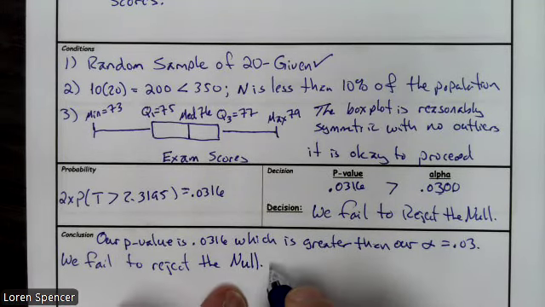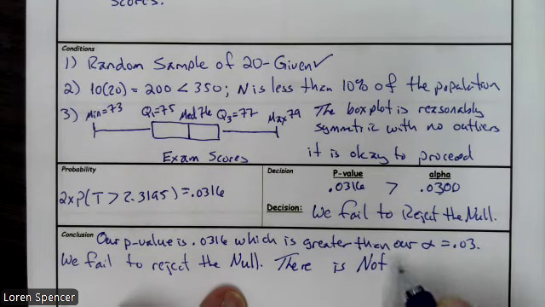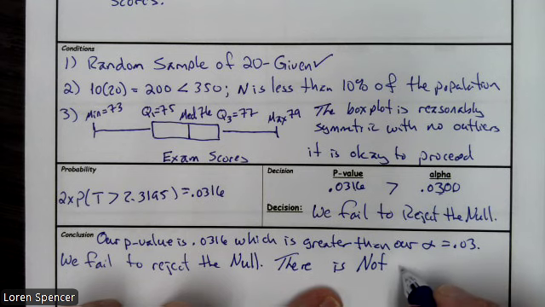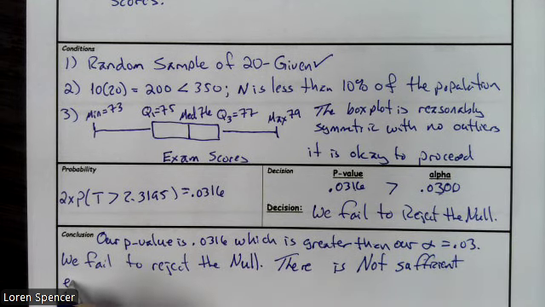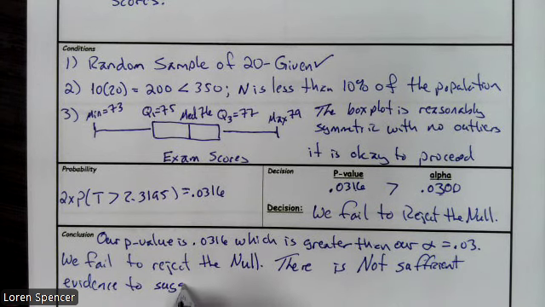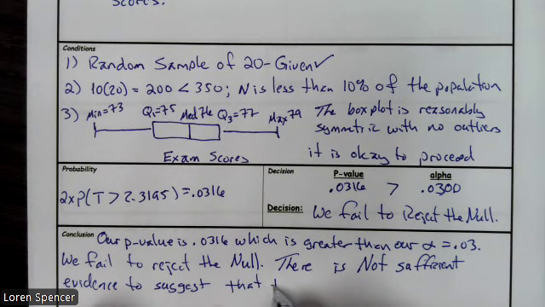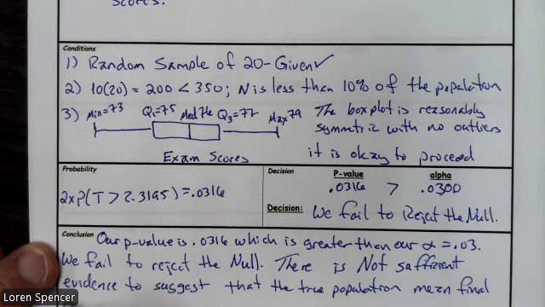Okay. We would say there is, if we rejected, but since we're failing to reject, we're going to say there is not sufficient evidence to suggest that the true population mean final exam scores.